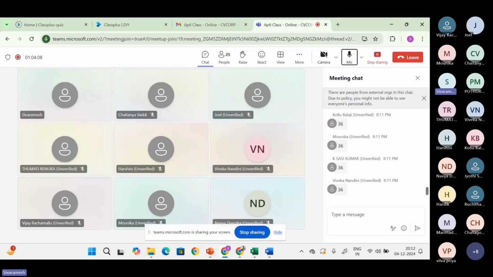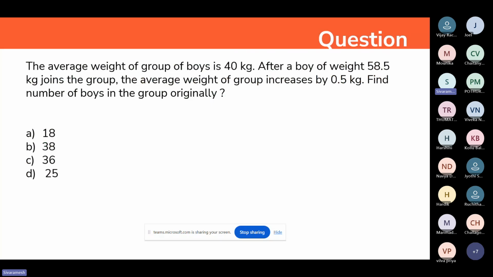Based on the answers in the chat box, I can say that the majority of the people already solved this question. Guys, are you done with this question, or does anyone want me to explain it? If you are done, we can solve some more questions and learn some more shortcuts. Shall we go for the next one? If anyone wants me to explain, please unmute yourself and ask.